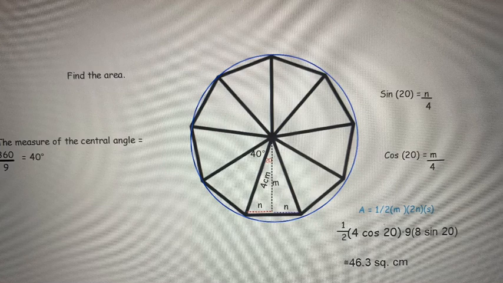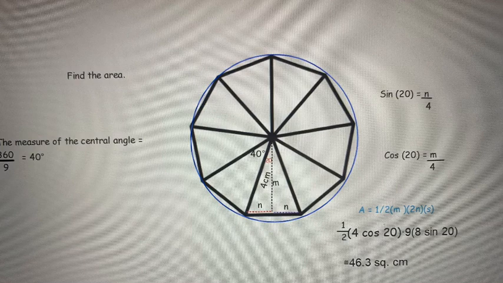And if I do that, I have 1m, because that's the apothem, but I have 2n because that is the base. So I have here 1/2 of m times 2n times the number of sides. And when I do all of that work and put it in my calculator, I get 46.3 square centimeters.